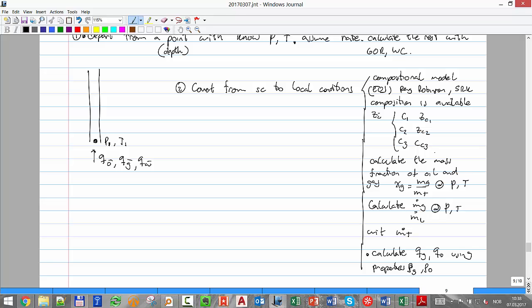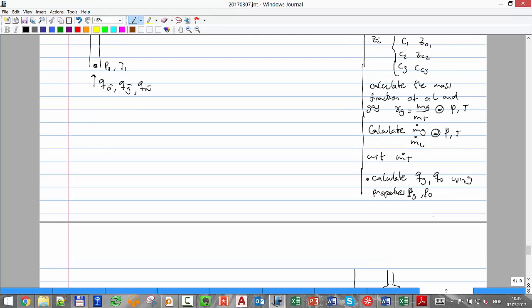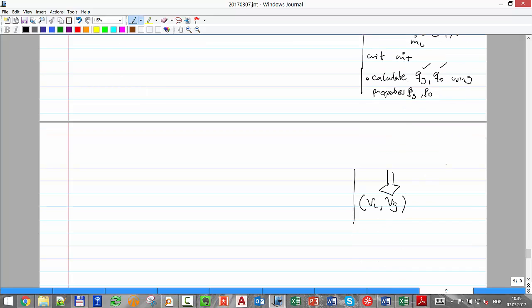Then we calculate the mass fraction at that particular pressure and temperature. Then with the mass fraction and the total mass flow, we calculate the mass flow of gas and the mass flow of liquid. Then with the densities, we calculate the local volume rates. With the local volume rates, we calculate the velocity.